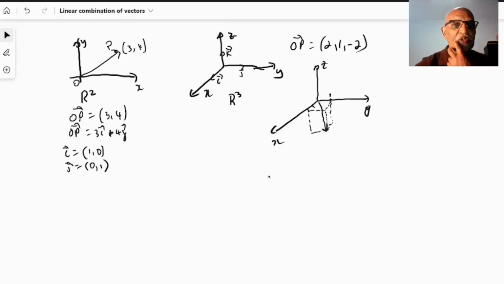Okay, once we know R2 and R3, we can write one vector as a linear combination of two other vectors.